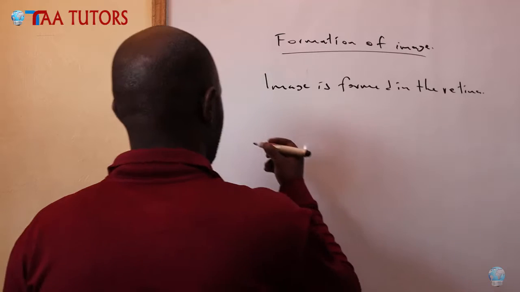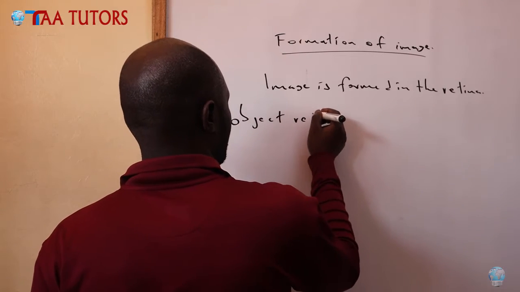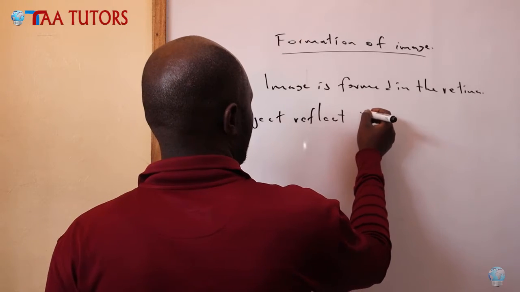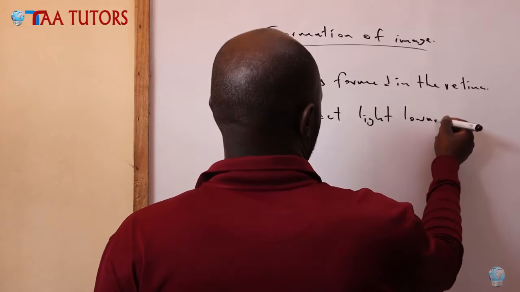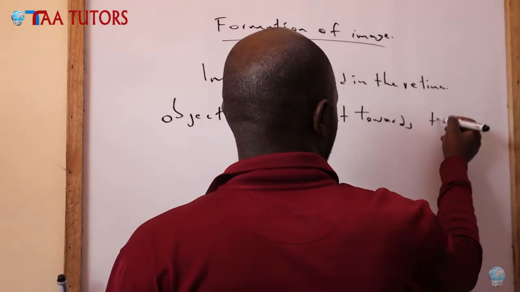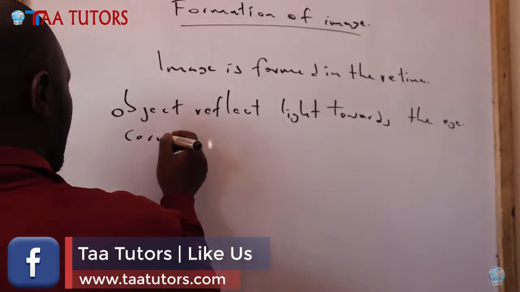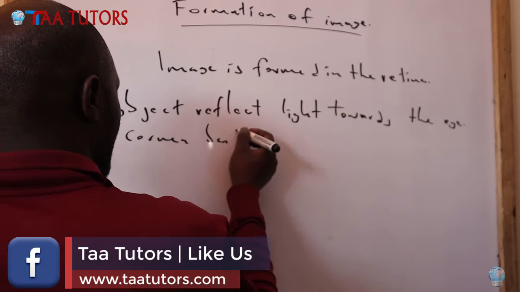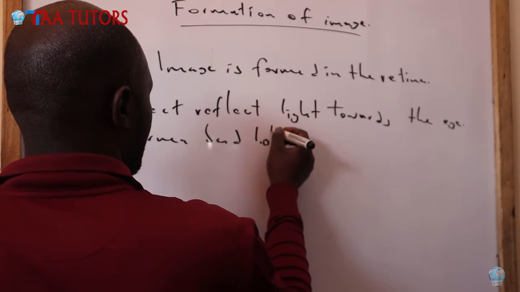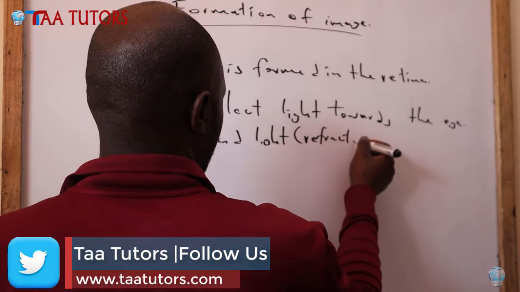So you see that this is what happens: the object reflects light towards the eye, and then in the eye, the cornea bends light, or we can just say bends light. This aspect of bending of the light is called refraction. So you can say it refracts light.